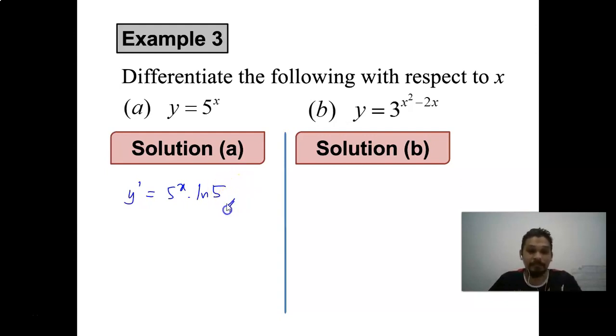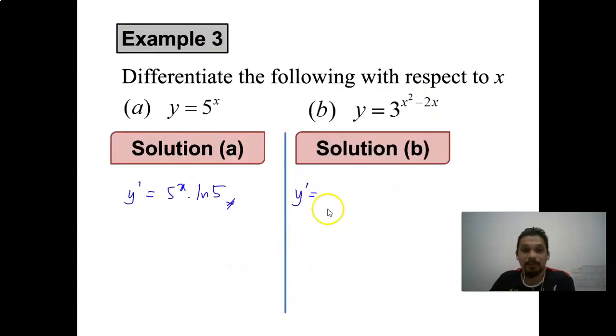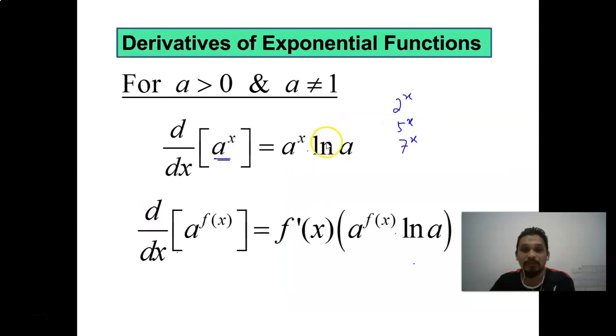And for this one here, what about differentiating a to the power of f(x)? Let's take a look at this one now. For example of b, we refer to this one here: f prime x multiplied with a to the power of f(x) natural log of a.